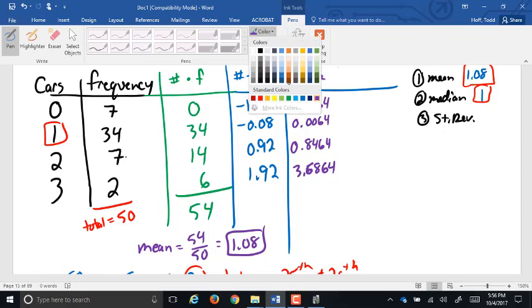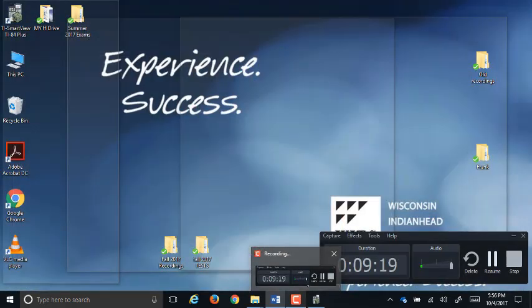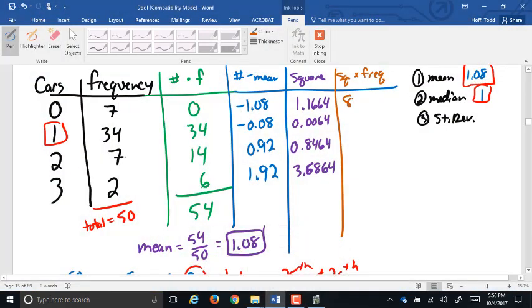Now then, this is where we have to add the step because of the frequency table. We have to do the square times the frequency. So 1.1664 times 7 gives us 8.1648. 34 times 0.0064 is 0.2176. 7 times 0.8464 is 5.9248.